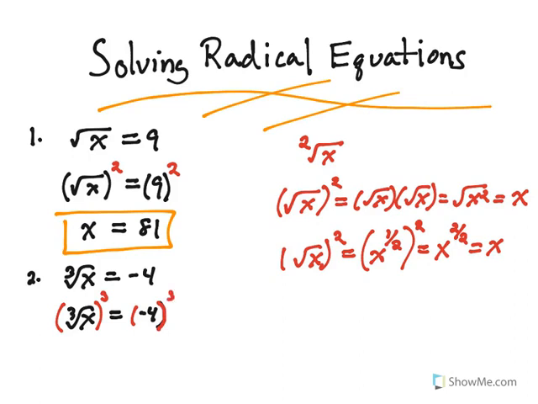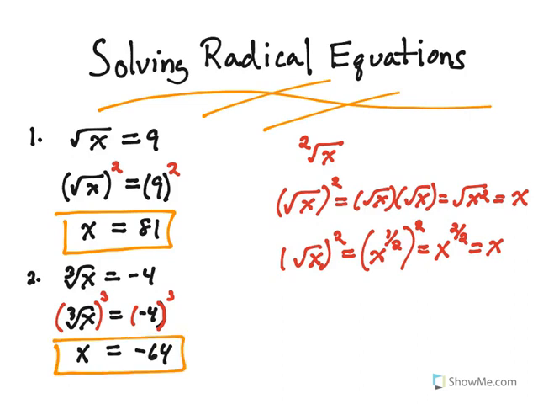And when you take the cube root of x and raise it to the third power, it's just going to be x. And then -4 times -4 is positive 16, times -4 would be -64. So the answer would be x equals -64.